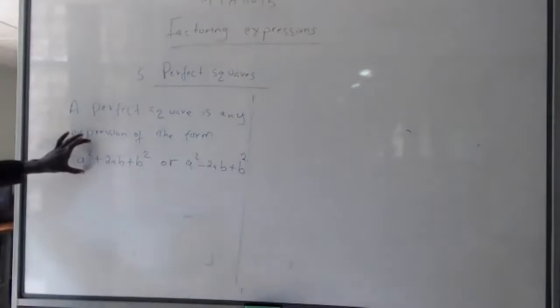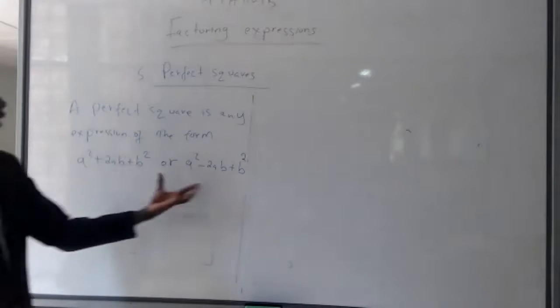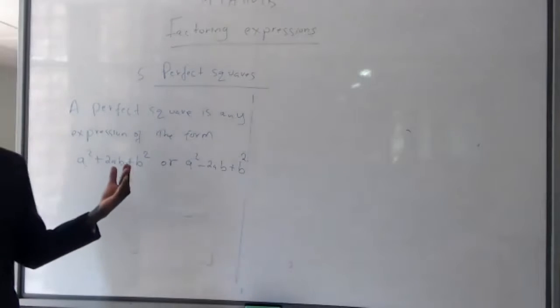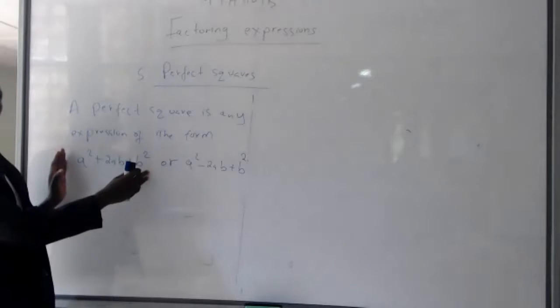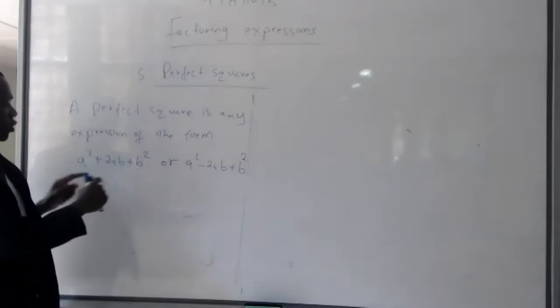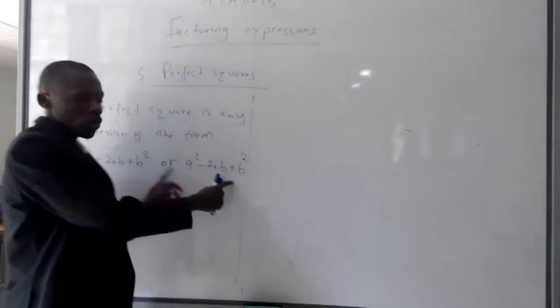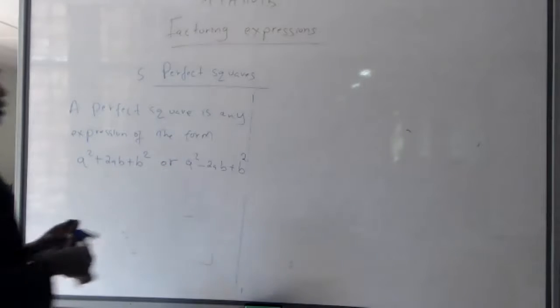And once you know how we got this, we expanded (a plus b) squared, and how we got this, we expanded (a minus b) squared. Given this, to go back to the original form, we know this is (a plus b) squared, and this will be (a minus b) squared. So we're going to use this technique to factorize expressions which are perfect squares.